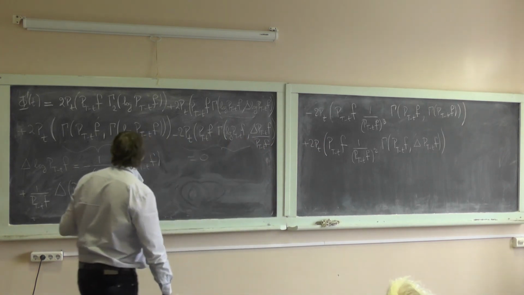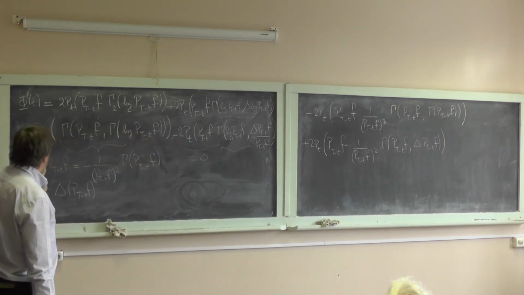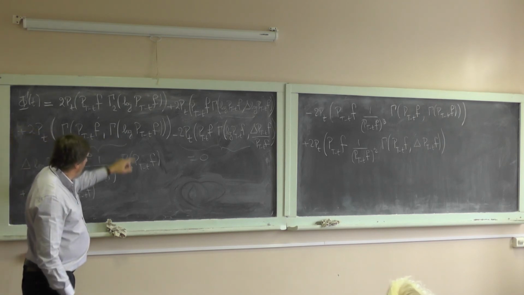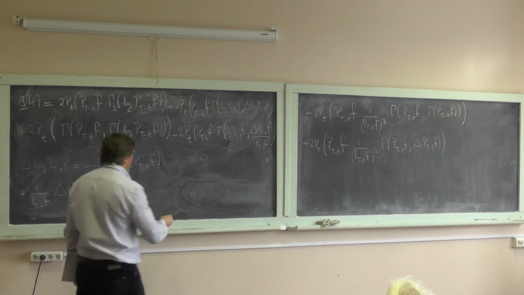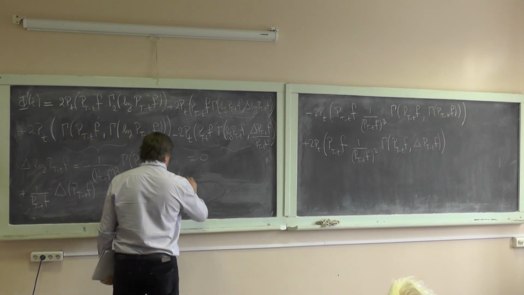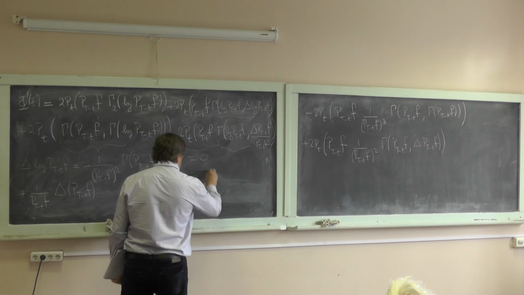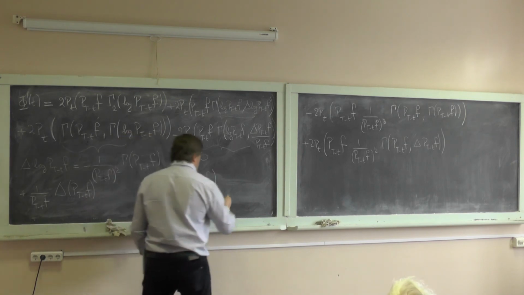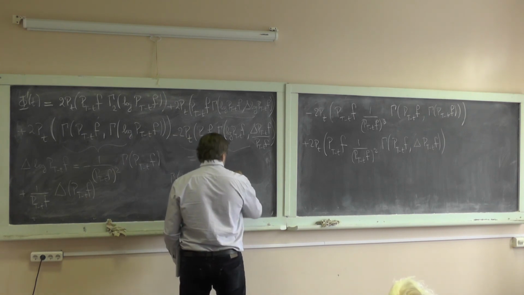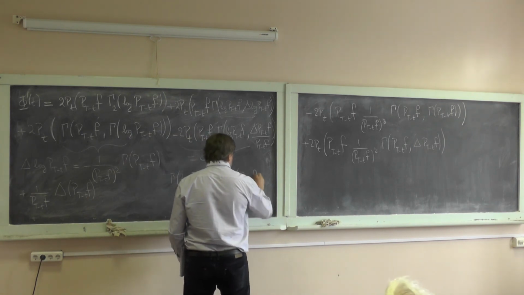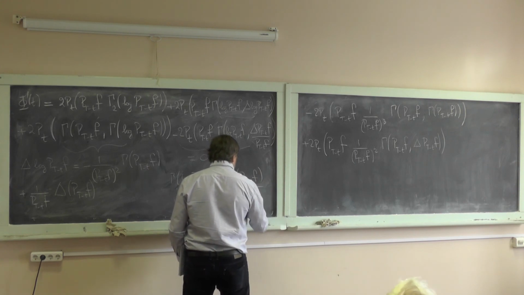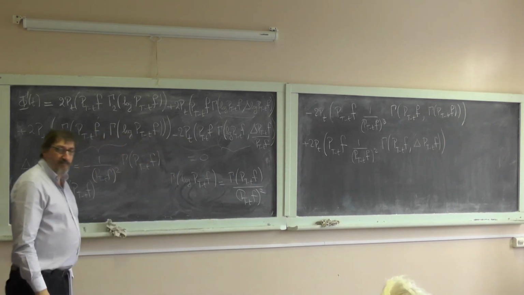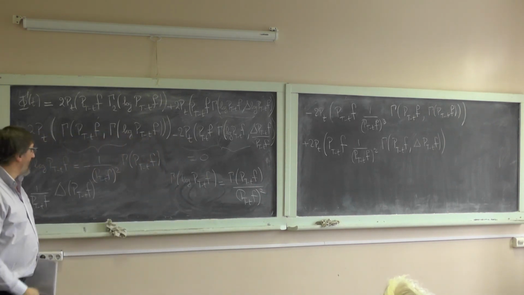Now let's look at the second term. Gamma of this, again, I'm using the same gamma of log of t minus tf. So this is the gradient of this inner product with the gradient of this, that is the same as gamma of t minus tf divided by t minus tf squared. Okay?